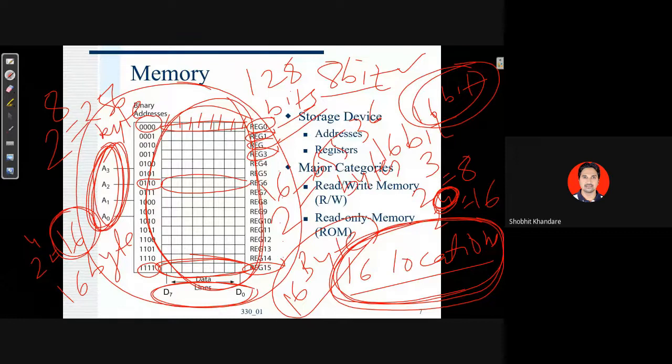If the address bus size is 4 bits, then a maximum of 16 byte of memory you can access. If your address bus is 8 bits, then 256 byte of memory you can access. And if you have a 16 bit address bus, then 65536 bytes of memory you can access.